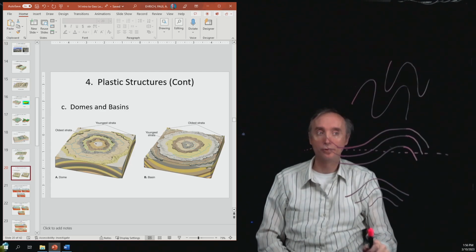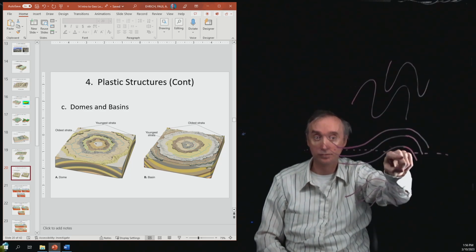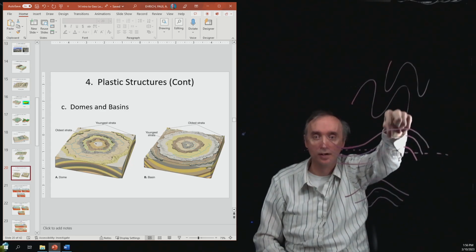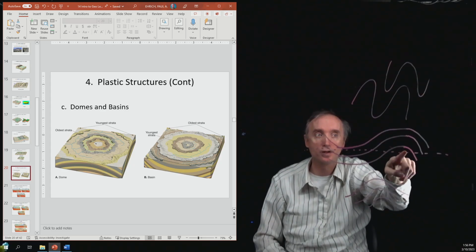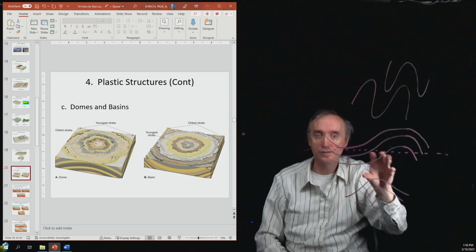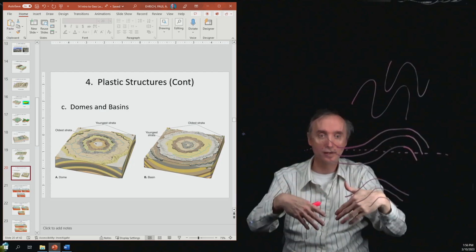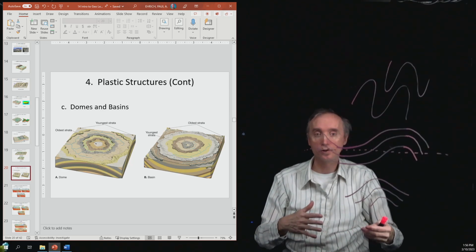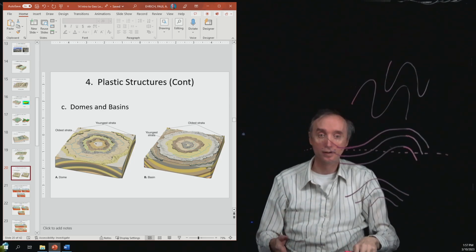Domes are very important because they could trap oil. A lot of oil companies will drill into a dome to get at the oil that is trapped underneath it. Basins are very important because sediments accumulate in basins, and so sometimes ores could accumulate there, for example iron.